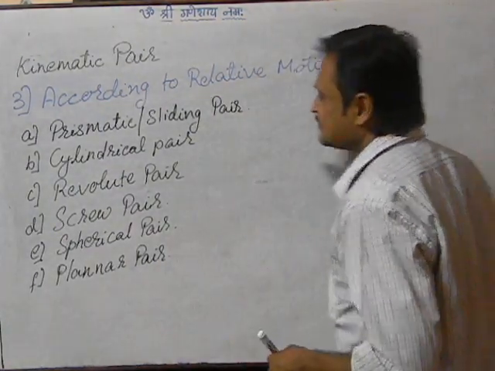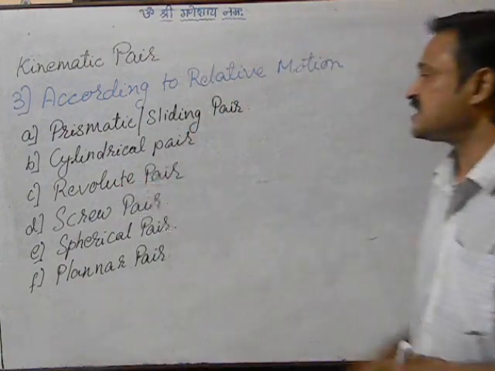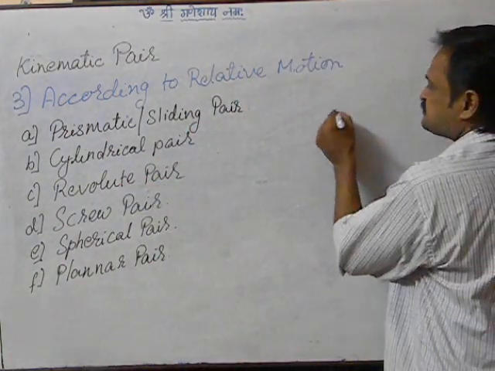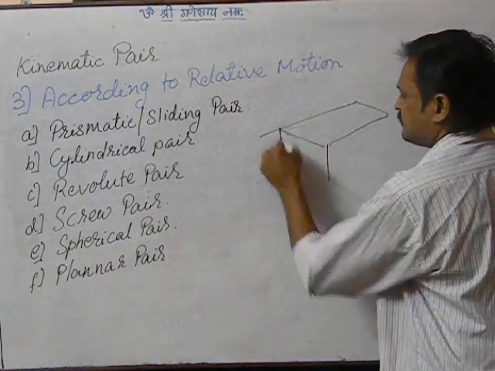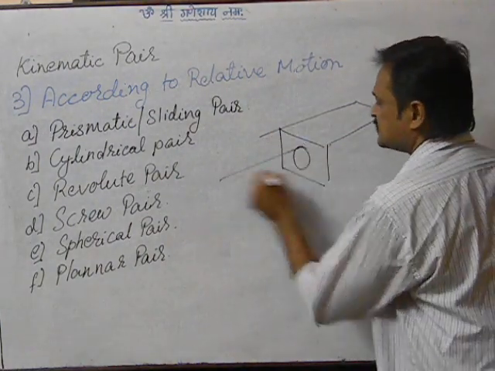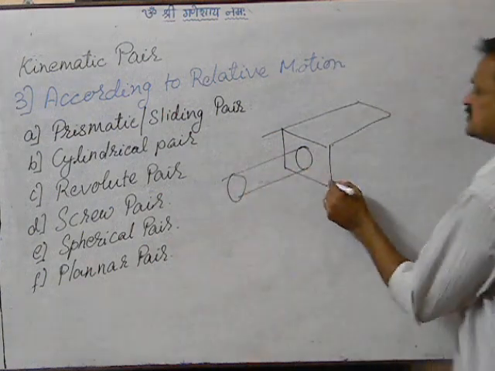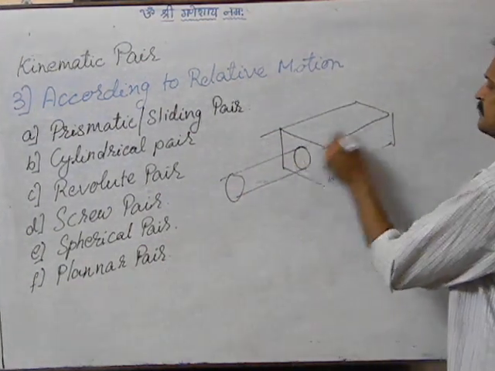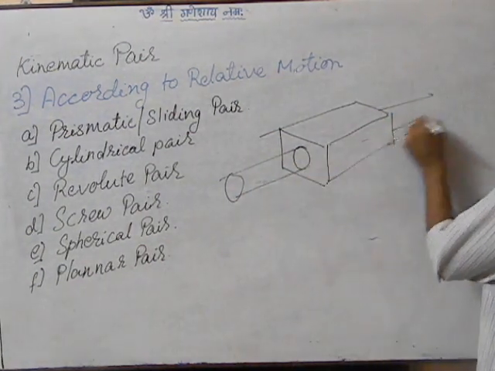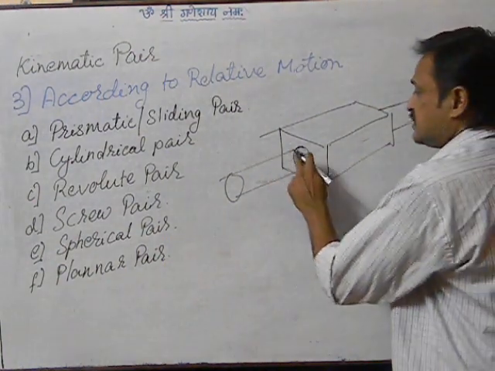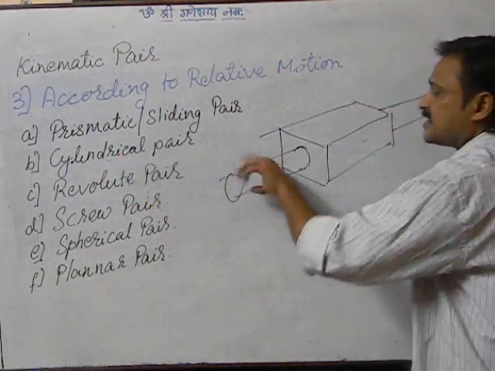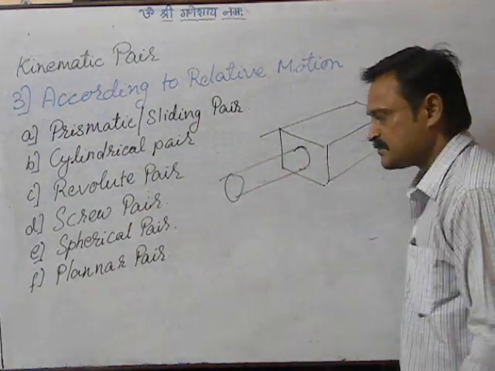Now if we see the third case, the revolute pair, in this case again we modify the same joint. It is the same joint, there is a rod inside this link number 1. As in the case of a cylindrical pair, it can turn, it can slide, fine.